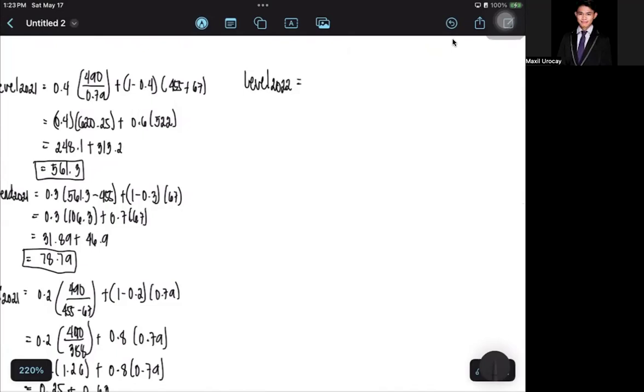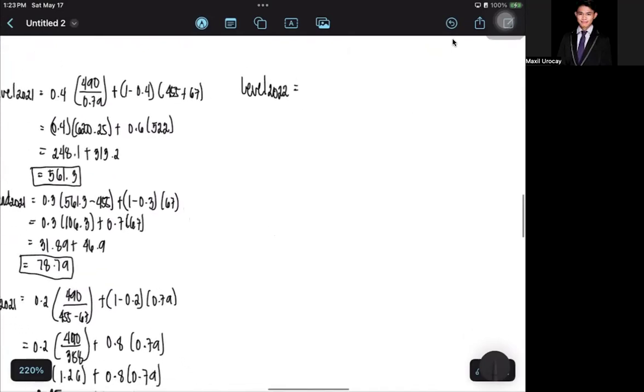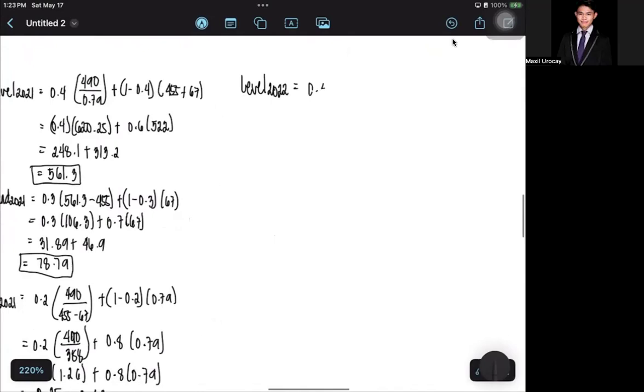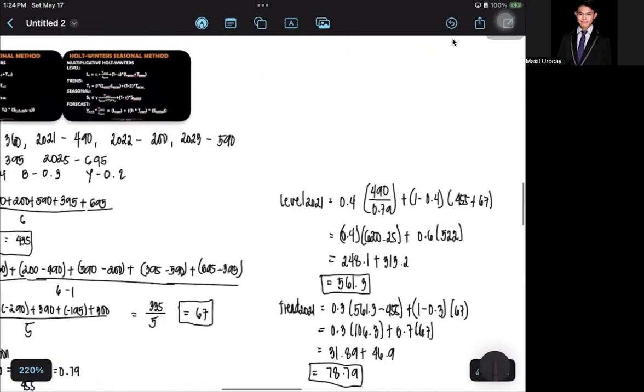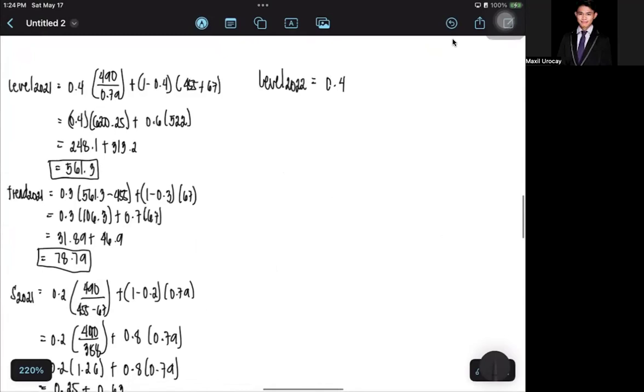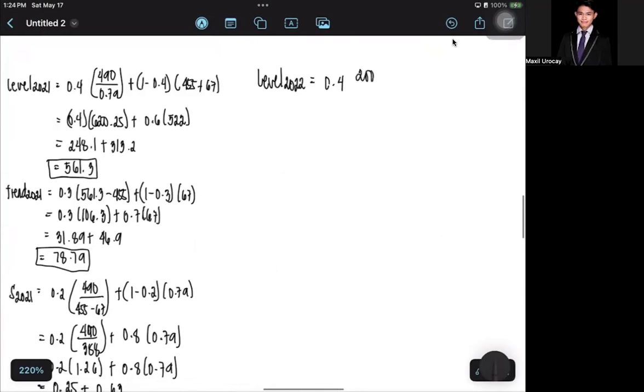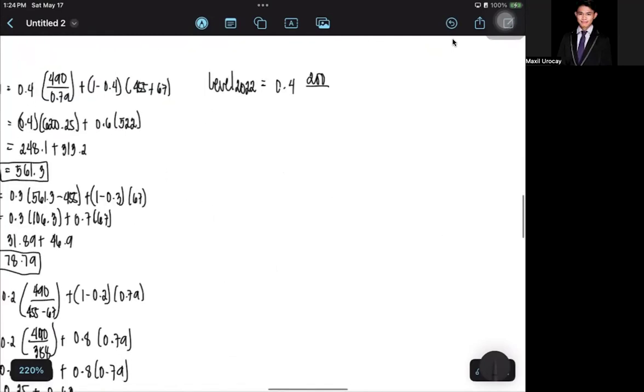So for the level of 2022, the alpha is 0.4. And then your 2022 value is 200. And then your current seasonality is 0.88.